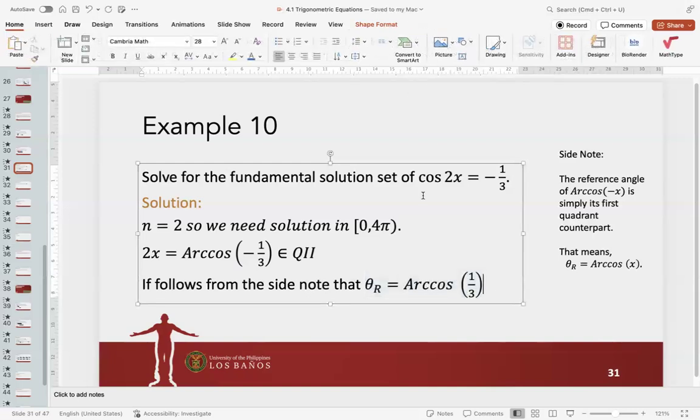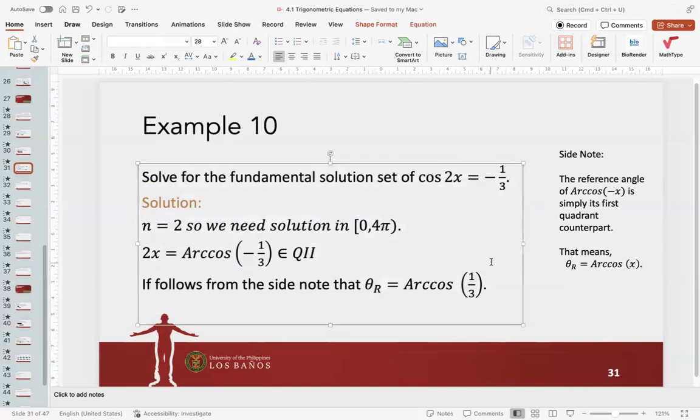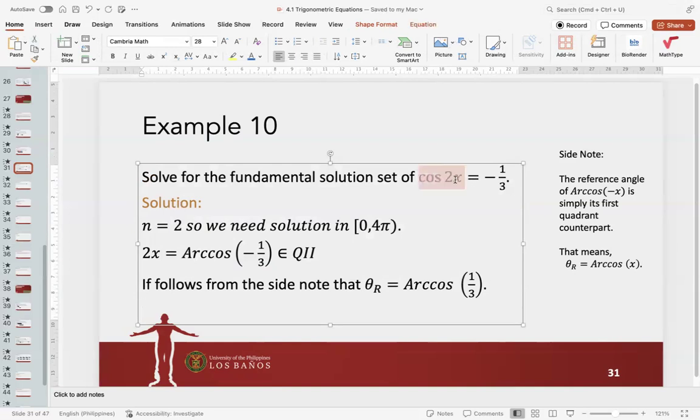So following this, okay, so we can easily solve now for our angles. So take note, remember, balikan natin to. And I'll just remove this.